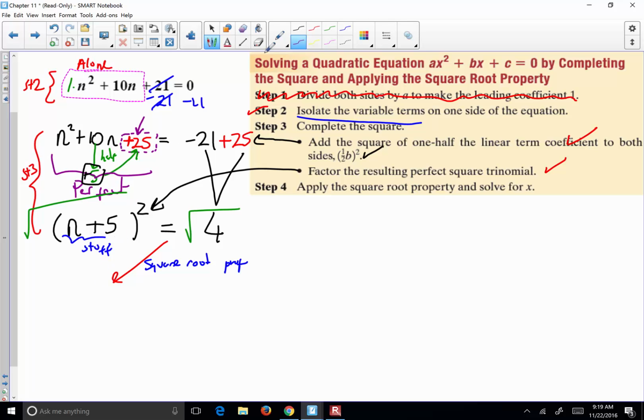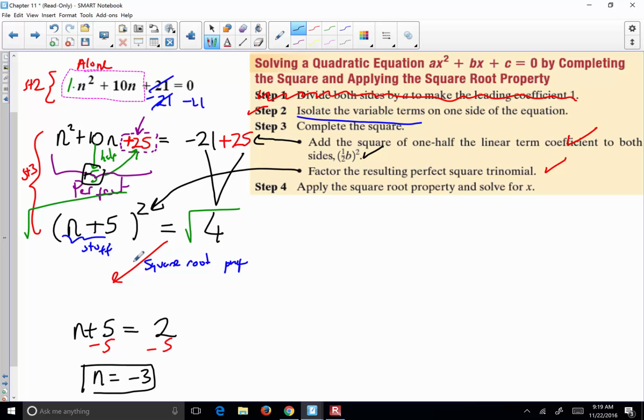And get n plus 5 on the left, and the square root of 4 is 2. Are we done? Oh, we just need to get rid of 5 next, right? Are we done now? Plus 3.